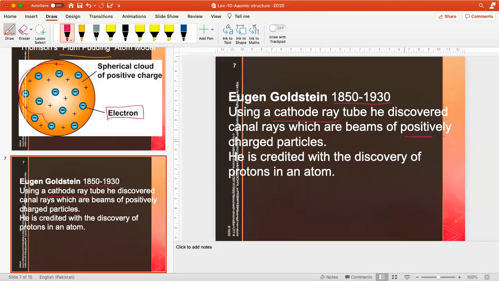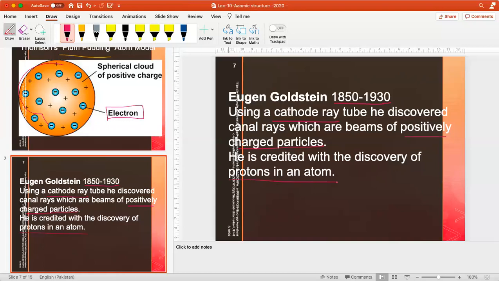Positively charged particles को he identified, okay, by using the ray apparatus which is known as cathode ray tube. This was his apparatus, and he discovered canal rays which are beams of positively charged particles. So now he is credited with the discovery of protons in an atom.